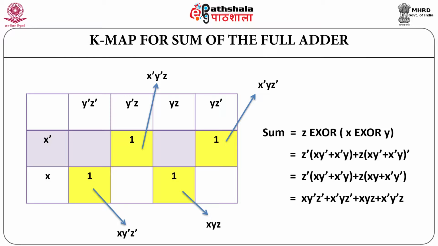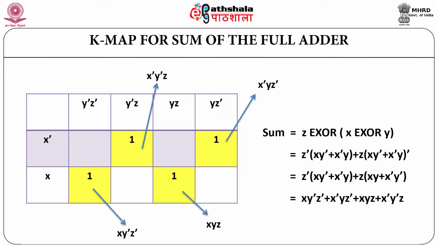Actually, if this expression is implemented by using logic gates, it will require one 4 input OR gate and 4 3 input AND gates. So, it will be a very lengthy circuit or complicated circuit.